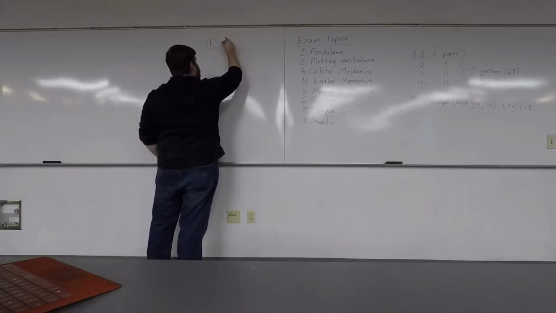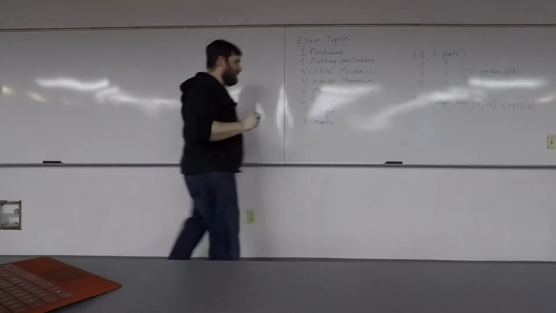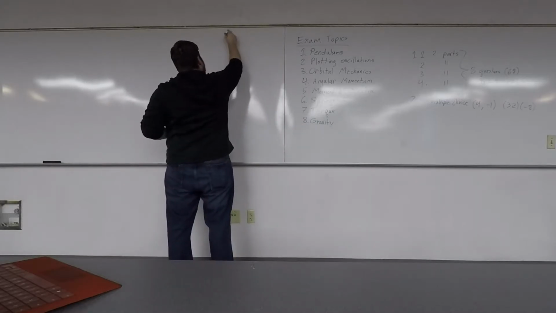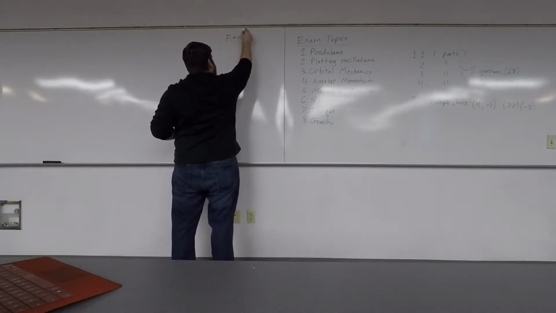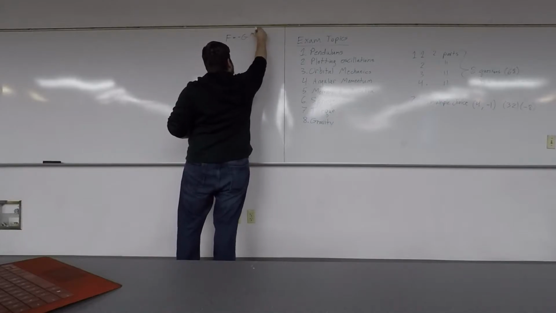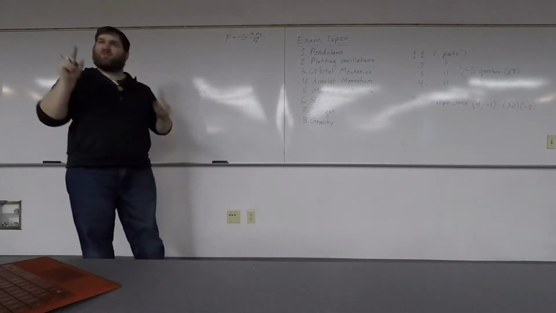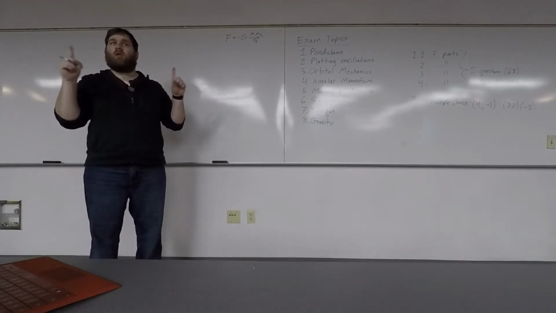So problem 1. Maybe I should have had this last week, like a theme equation. F equals negative G M1 M2 over R12 squared, where R12 is signifying the distance between mass 1 and mass 2. That's all it means.